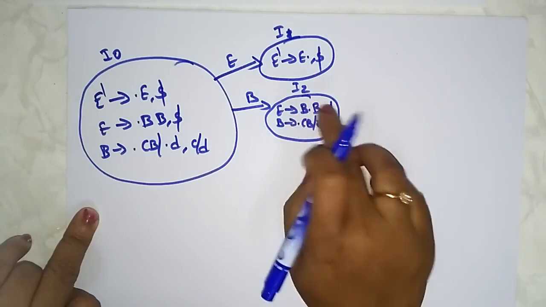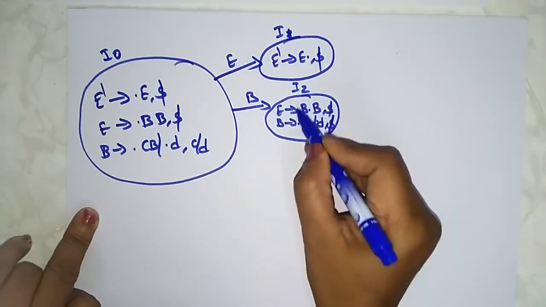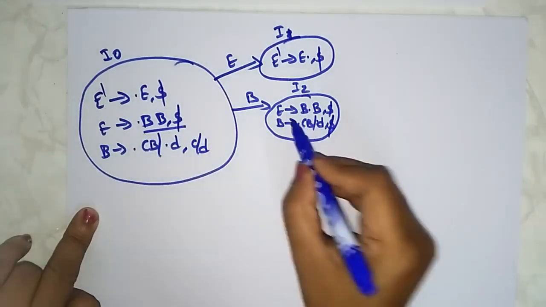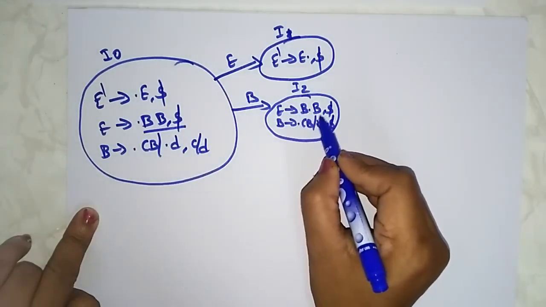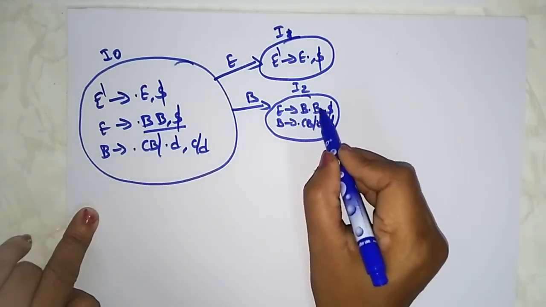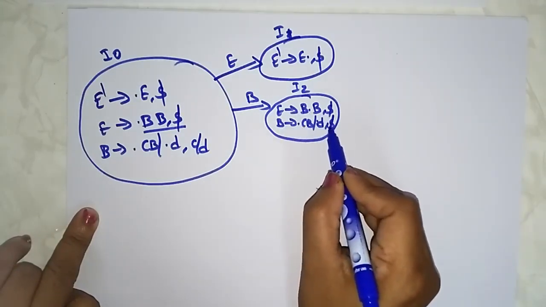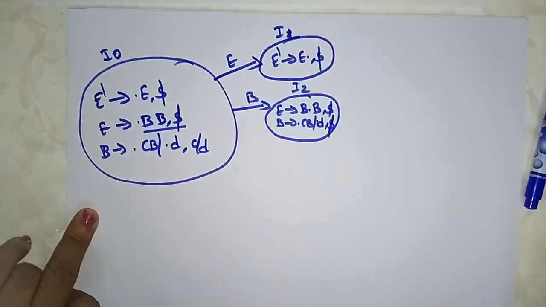Still this is not completed, we are writing the productions only for this. So E determines B dot B comma dollar, and B determines dot CB, comma, dot D, comma dollar.